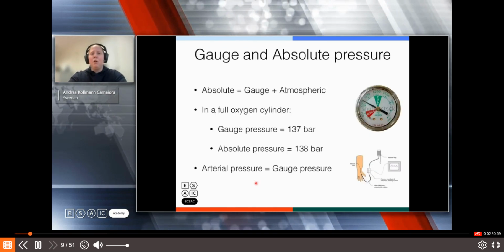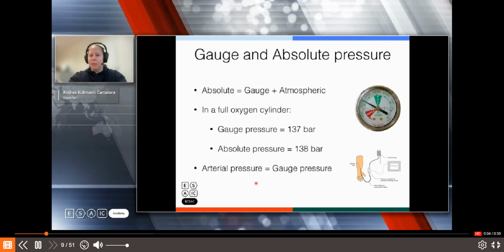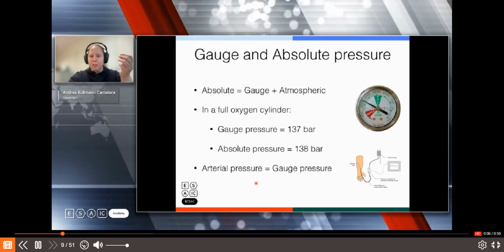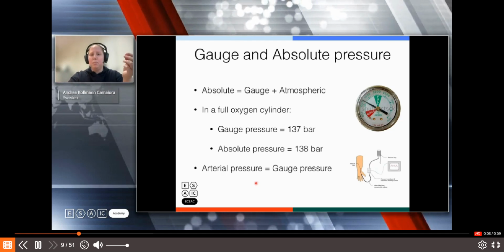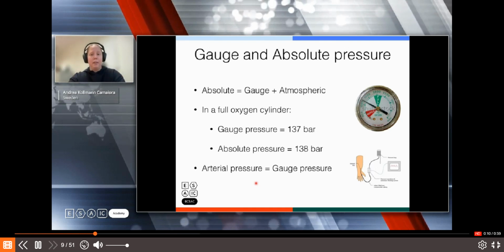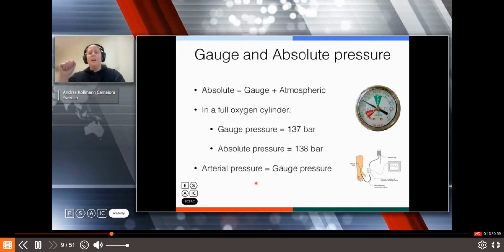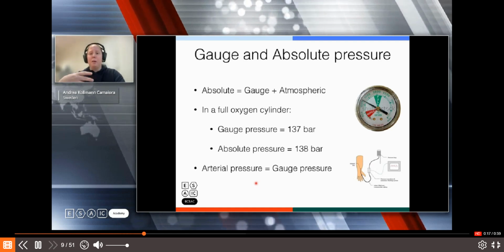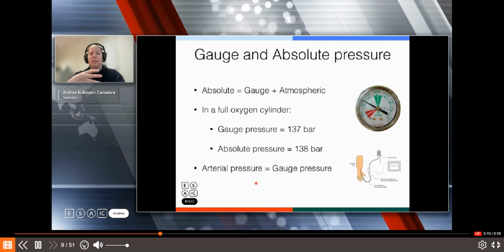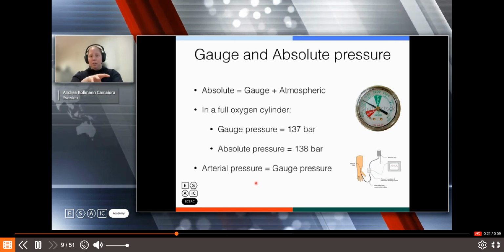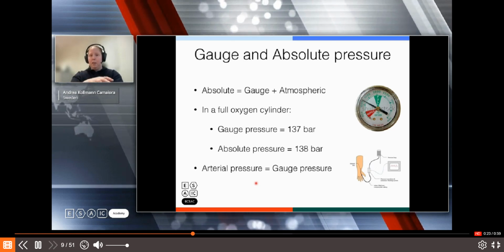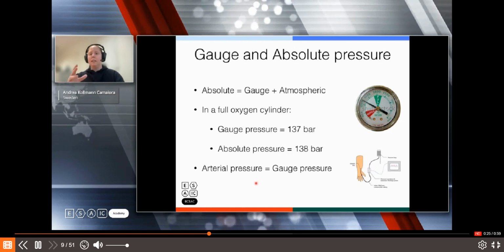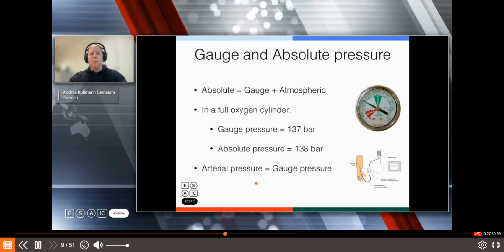Then we move into gauge and the absolute pressure. So absolute pressure is the sum of the gauge pressure and the atmospheric pressure. And if you remember, in the anesthesia equipment, we're talking about blood pressure. So blood pressure is the mixture of the gauge, which is my blood pressure, plus the atmospheric pressure, and thus we need to zero the transducers.